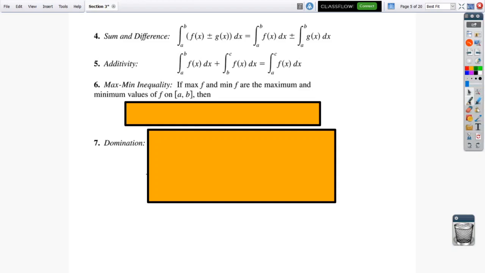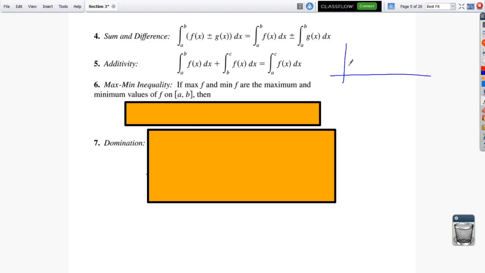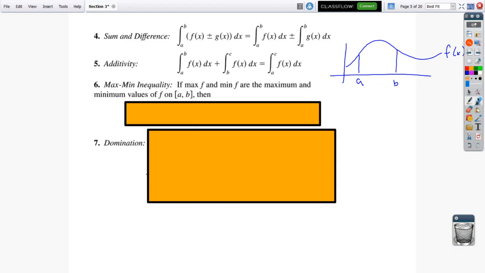And if you want to see why that occurs, keep in mind we're talking about area underneath of a curve. So let's just make some arbitrary curve. Let's call this f of x. If I want to find the integral from a to b, that's that green area right in there, right?